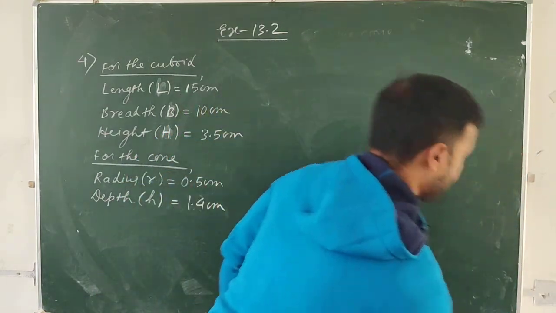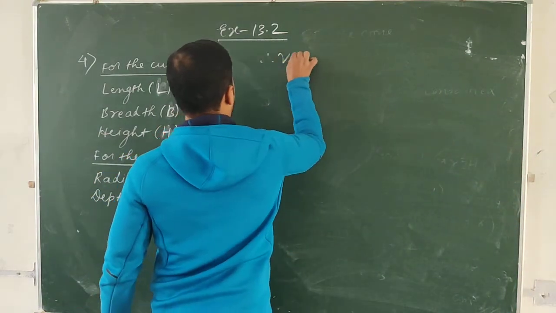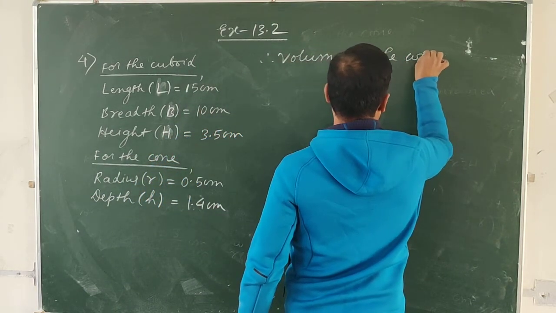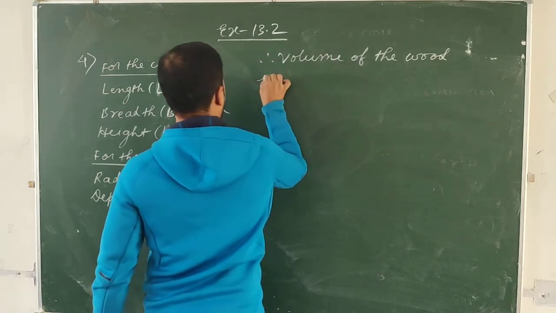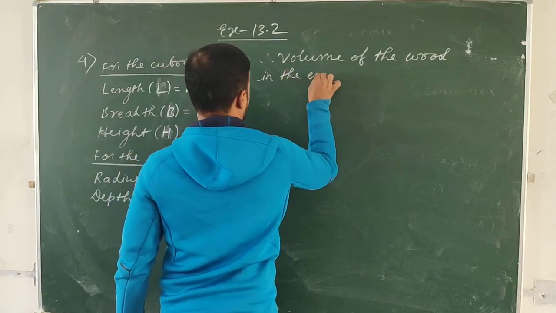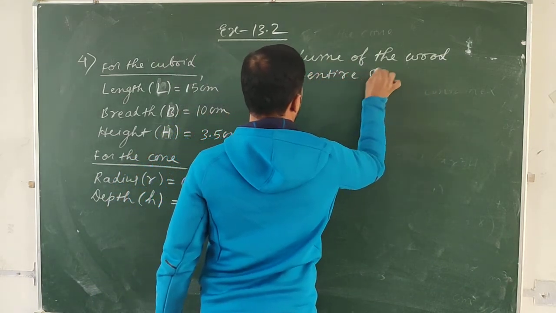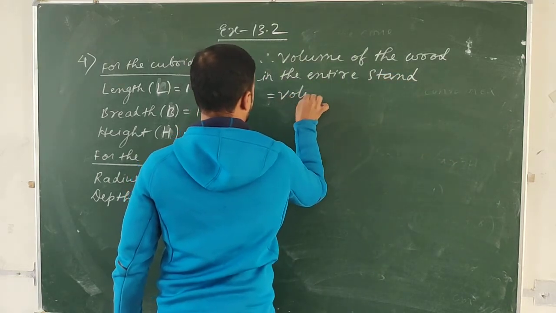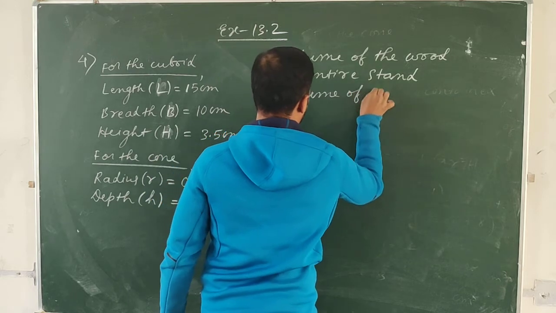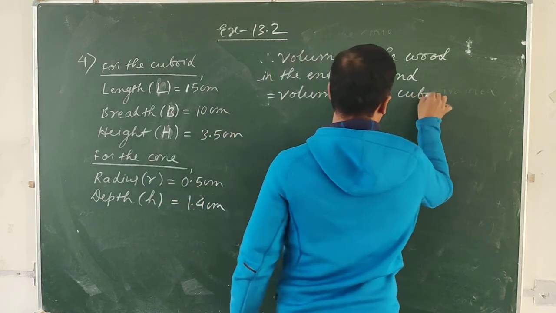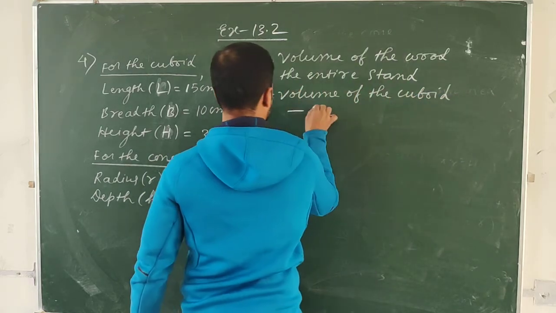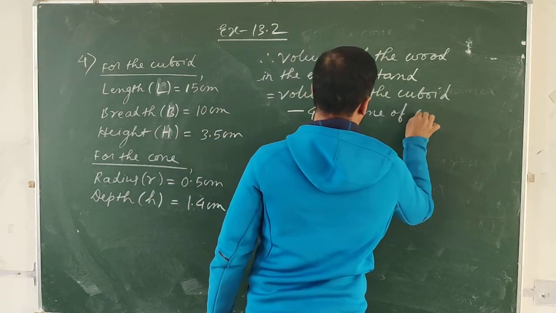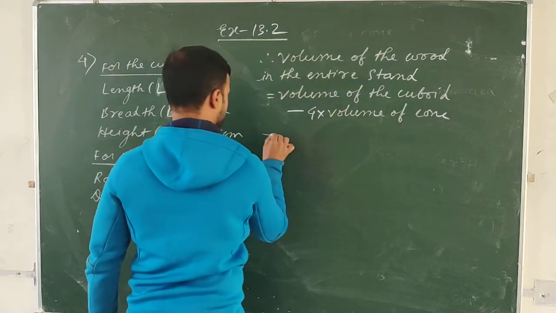Therefore, the volume of the entire stand is equal to the volume of the cuboid minus 4 into the volume of the cone.